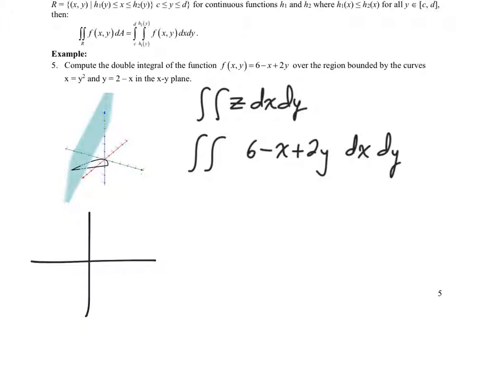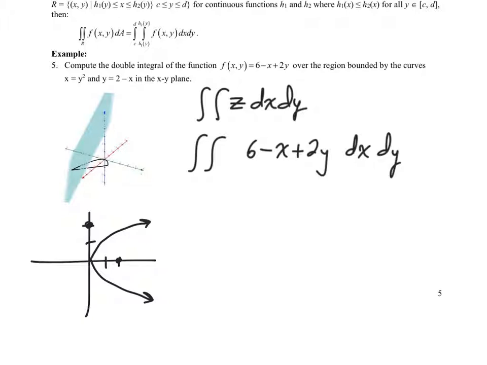All right, x equals y squared is a sideways parabola. And 2 minus x is a linear function. So y-intercept of 2, x-intercept of 2.